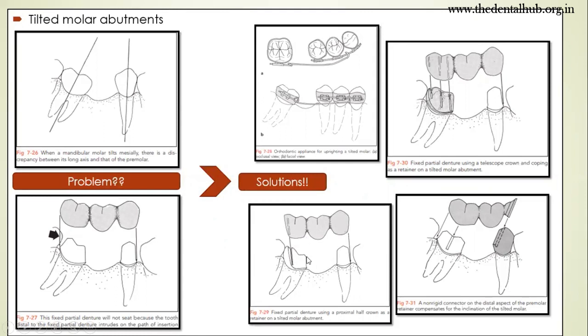But then again, the tooth should not exhibit any kind of caries involvement. Lastly, we can tilt our preparation only, and then we can have a non-rigid connector which fits in this premolar in a slot-like preparation.